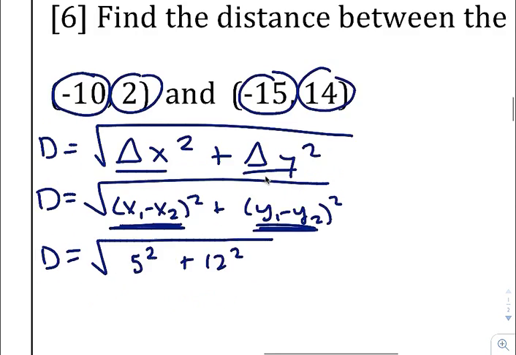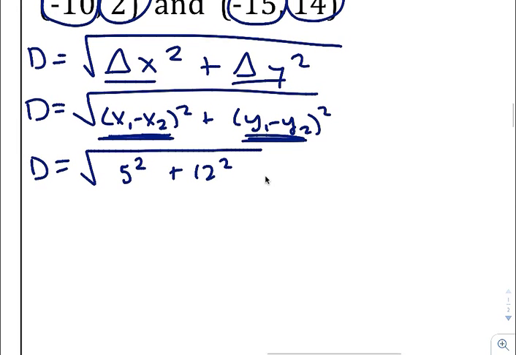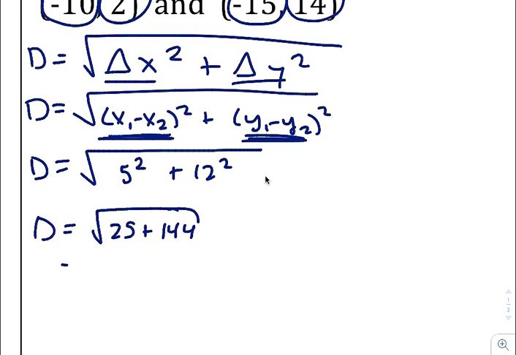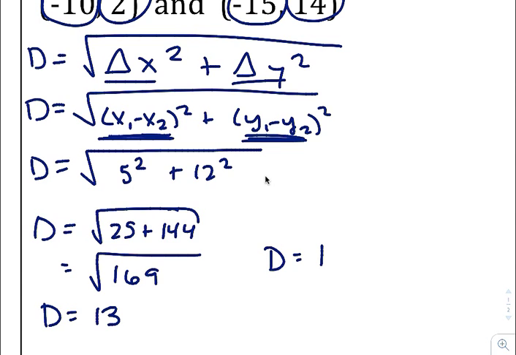You should end up with 5 squared and 12 squared. Although it could be negative 5, it could be negative 12, when we square it, it's not going to matter after that step anyway. So the distance in this case is equal to 25 plus 144, which is the same as 169, which is a perfect square of 13. And so the distance in this case equals 13.